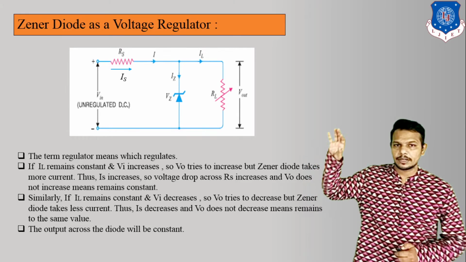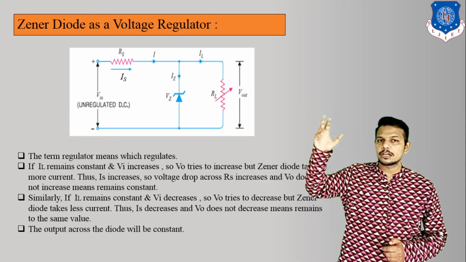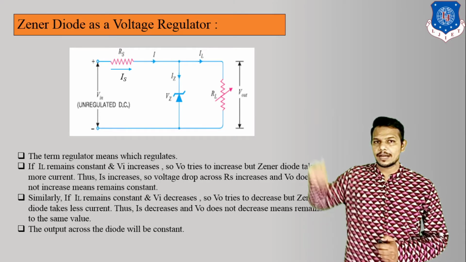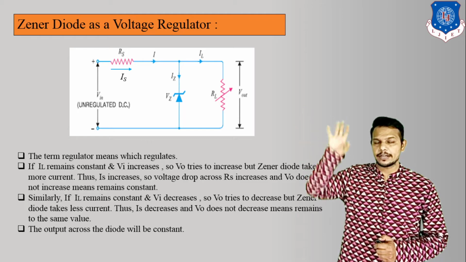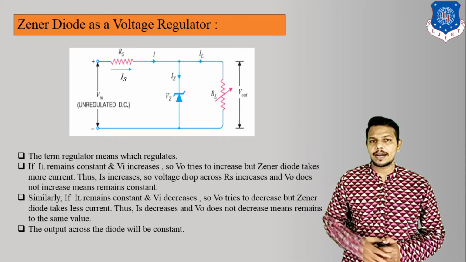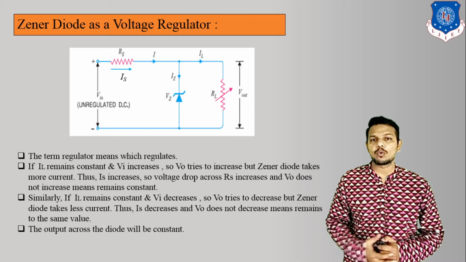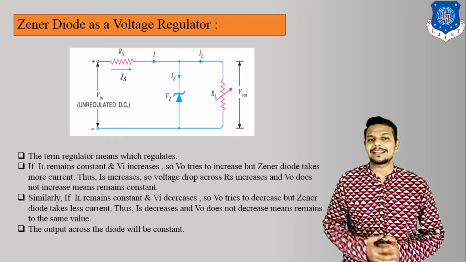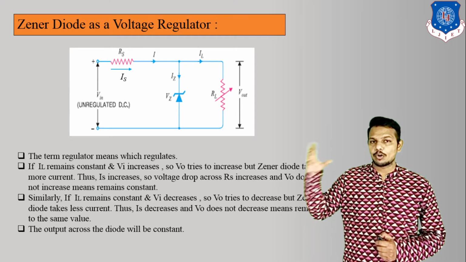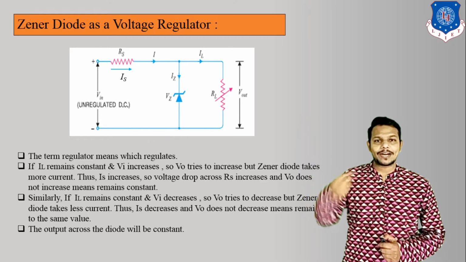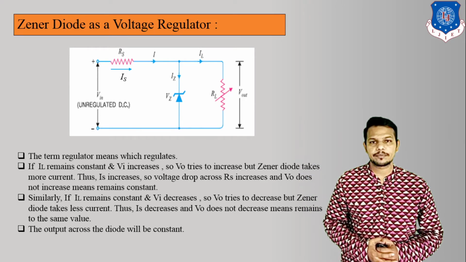If IL, the load current, remains constant and Vi, the input voltage, increases, then the output voltage VO tries to increase.